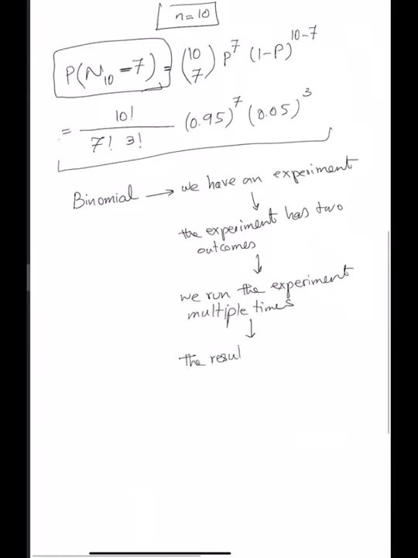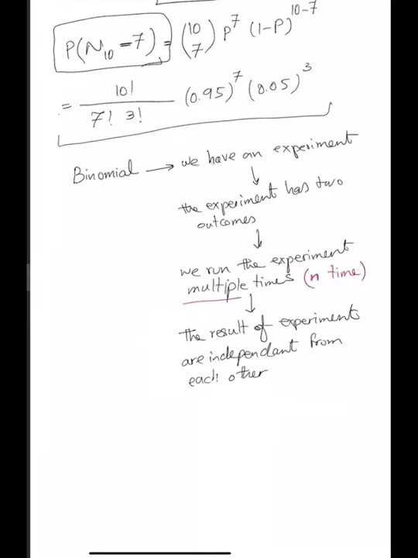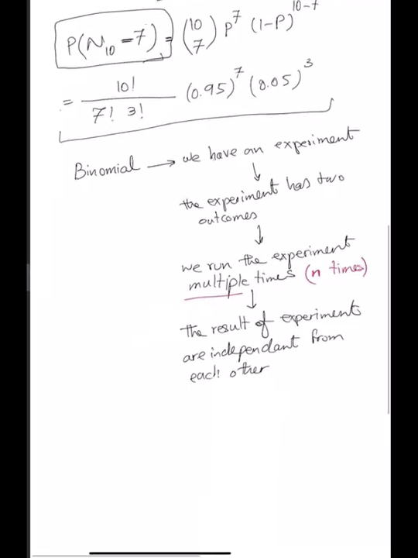The results of the experiments are independent from each other. When I said we run the experiment multiple times, let's call that n times, 10 times, 20 times, whatever. That's the notation: n times. The results of experiments are independent from each other.